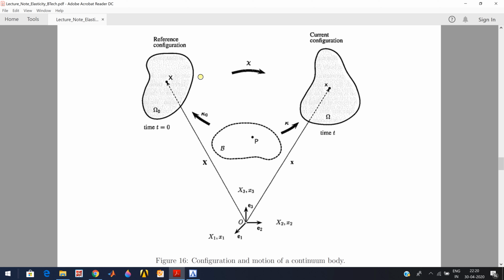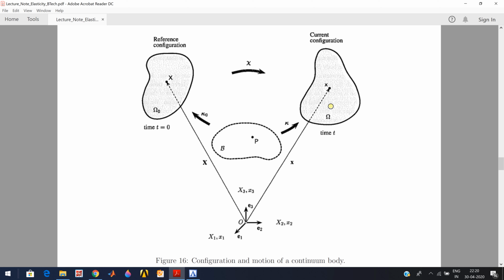And then as the material deforms, it takes many different configurations as shown in the middle. And finally, at time equal to t, that is of our interest. So at that particular time, it takes the configuration which is shown at the extreme right side. This configuration is termed as the current configuration, or sometimes it is also known as the deformed configuration.